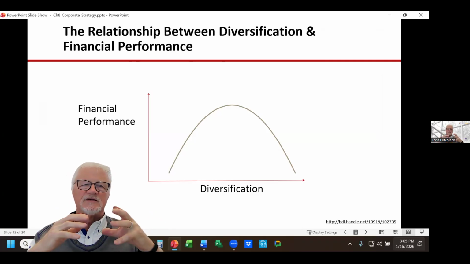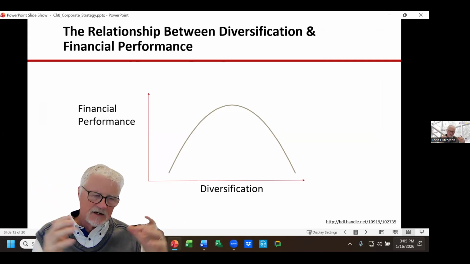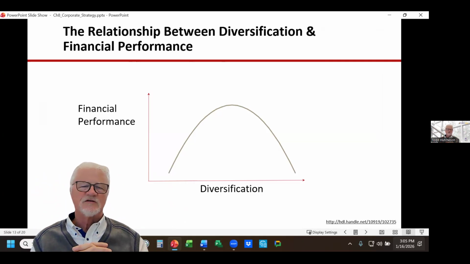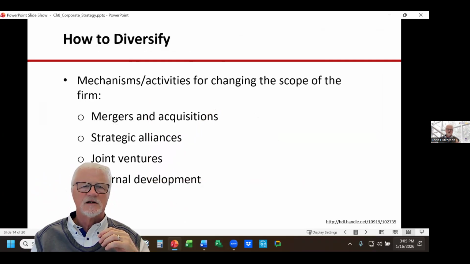Bigger, broader companies can diversify more. Smaller companies have to save their resources to focus more on the tasks at hand. So diversification is a little difficult to quantify, but a little bit of it, maybe a medium amount of it, is a good thing. Too much of it can make it difficult to keep your business focused.